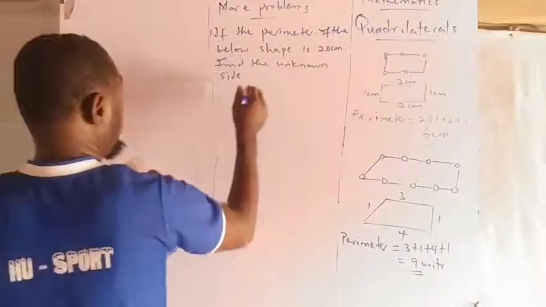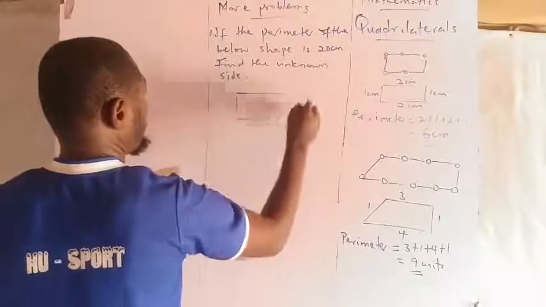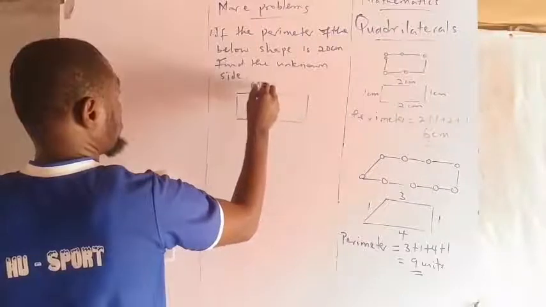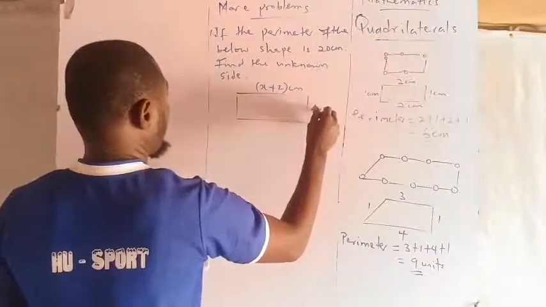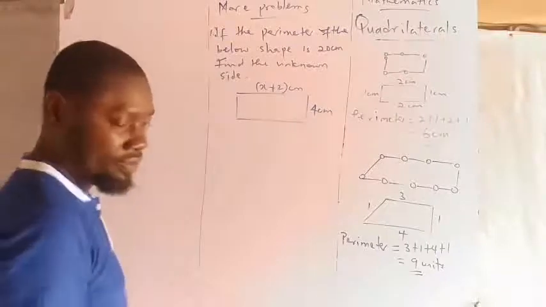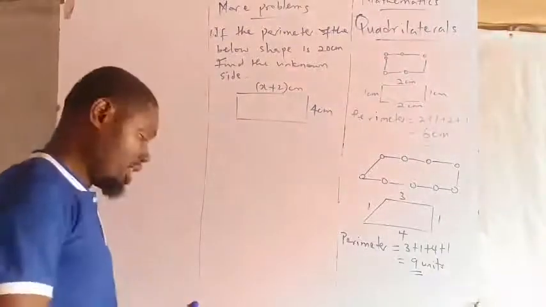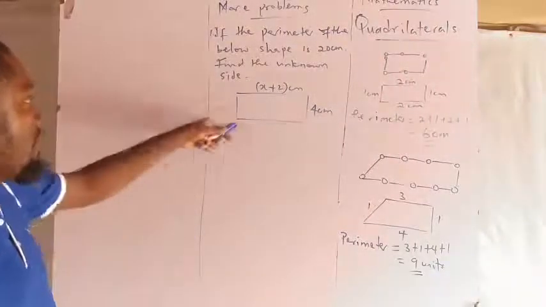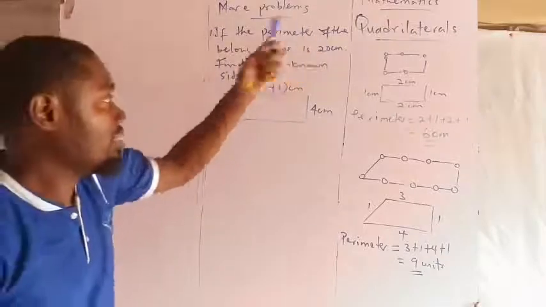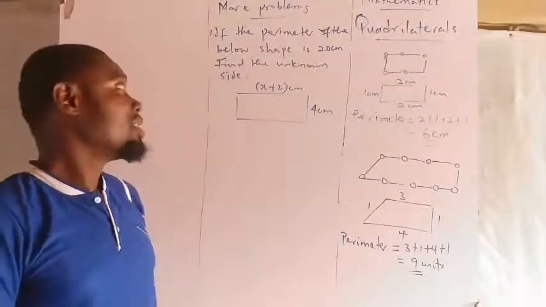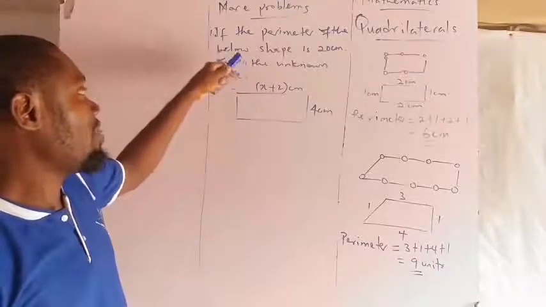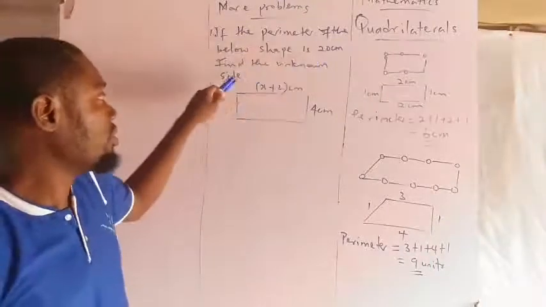Here's the shape below, and it's 4 centimeter. You're asked to find, they said, if the perimeter of this shape is 20, which means I've already given you what the perimeter is. If the perimeter of the shape below is 20, find the unknown side.